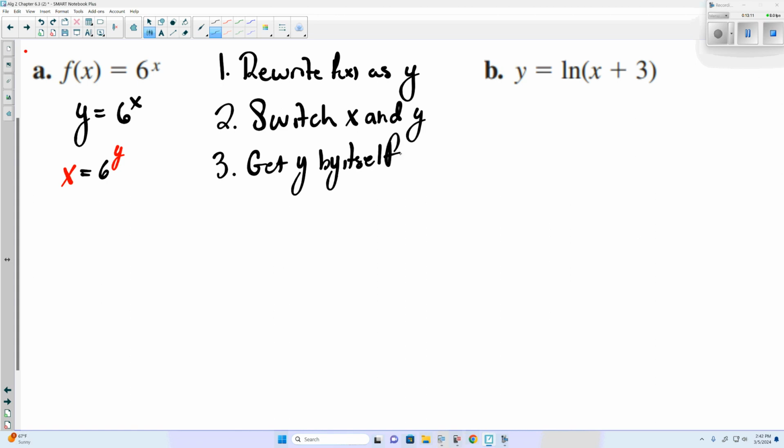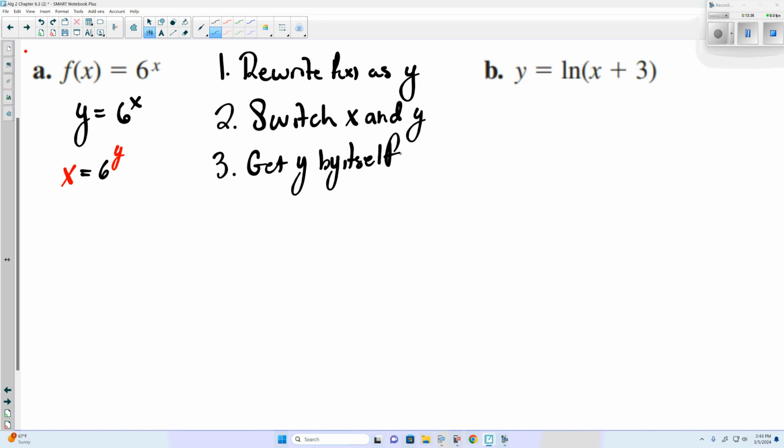Now we need to get y by itself. Now with logarithmics and exponentials, we need to get the term that has the variable exponent, here 6 to the y, by itself. So if we need to add or subtract, we would. We don't normally deal with multiplication or division, but it's really addition, subtraction, get it by itself. Okay. So it is by itself, yes?